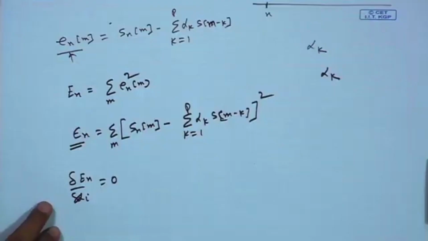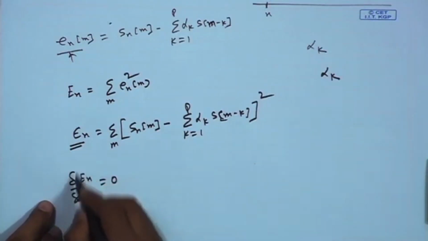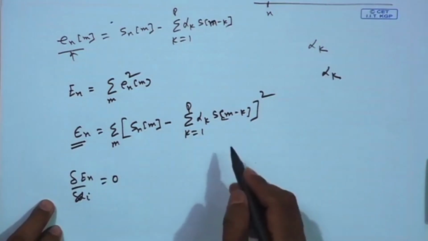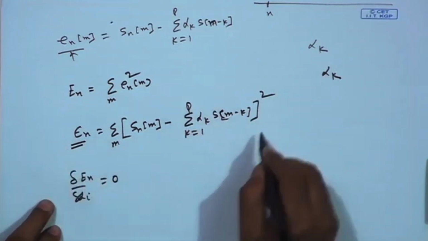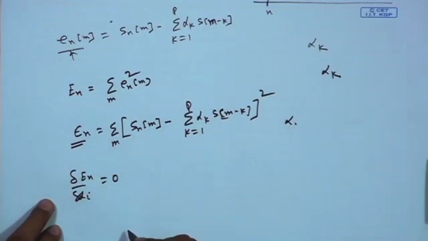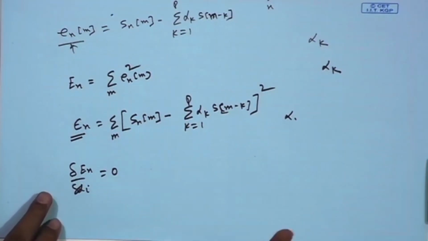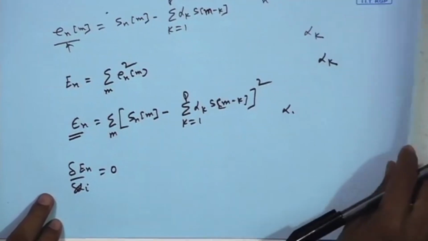The first order differentiation is with respect to alpha. So, let us set del E n by del alpha I equal to 0. Then I get the set of values of alpha k for which the function is minimum.